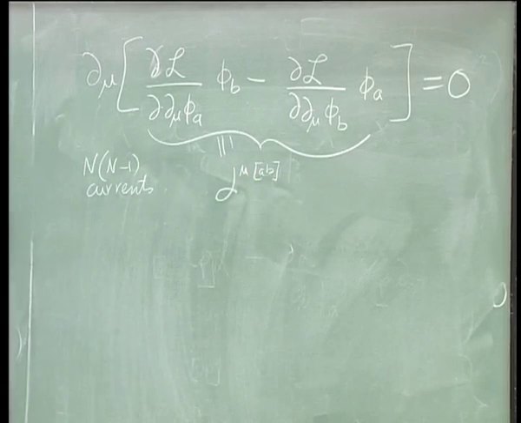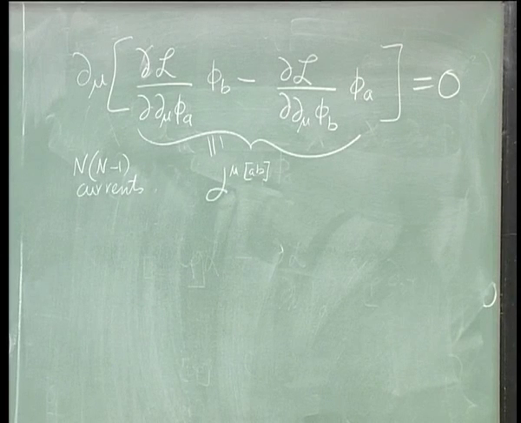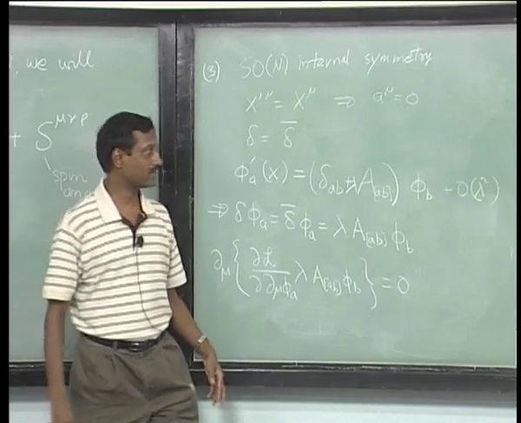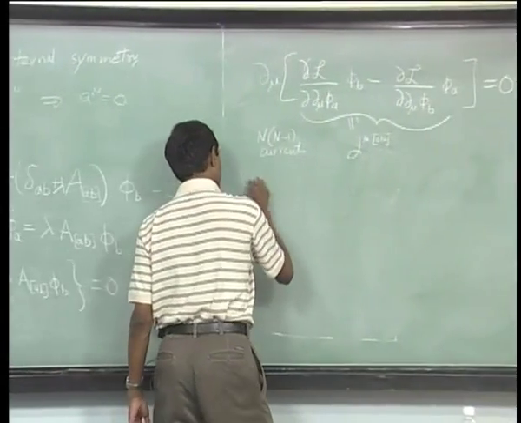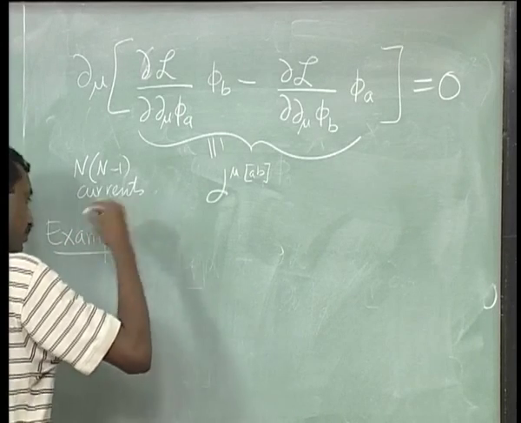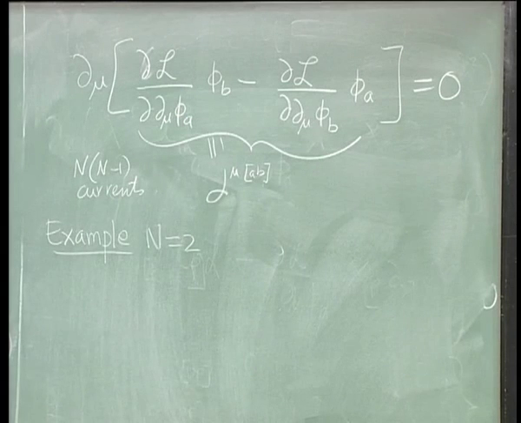So, we get as many conserved currents as there are independent parameters. Okay. So, let us just take an example. Further, within this, we take n equal to 2. Then there is exactly one current.